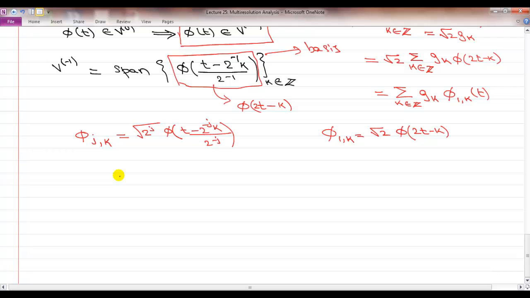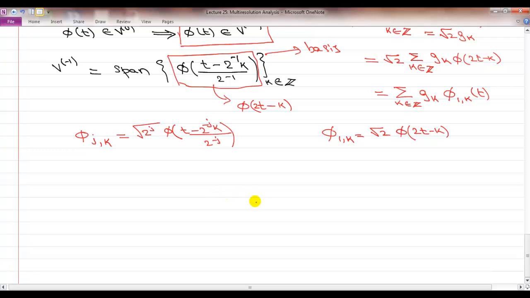So now, if we are given a multi-resolution analysis, we know all the orthonormal bases for different subspaces, and we can ask the question: given any function, how do I express an approximation of that function in that subspace?